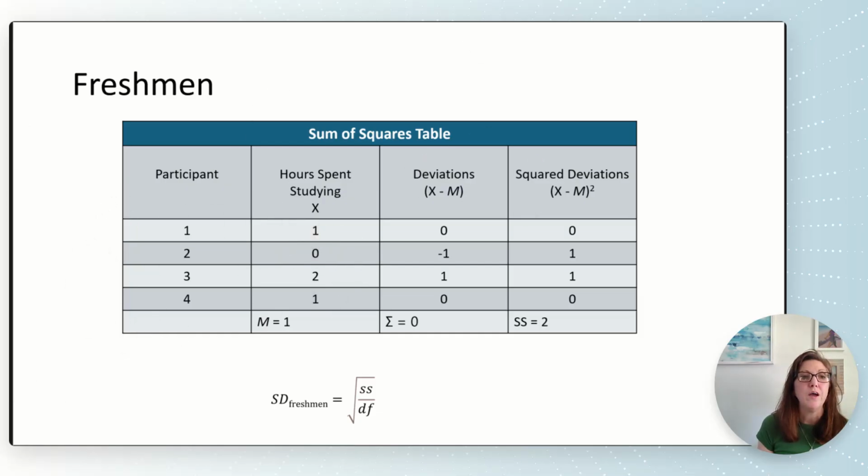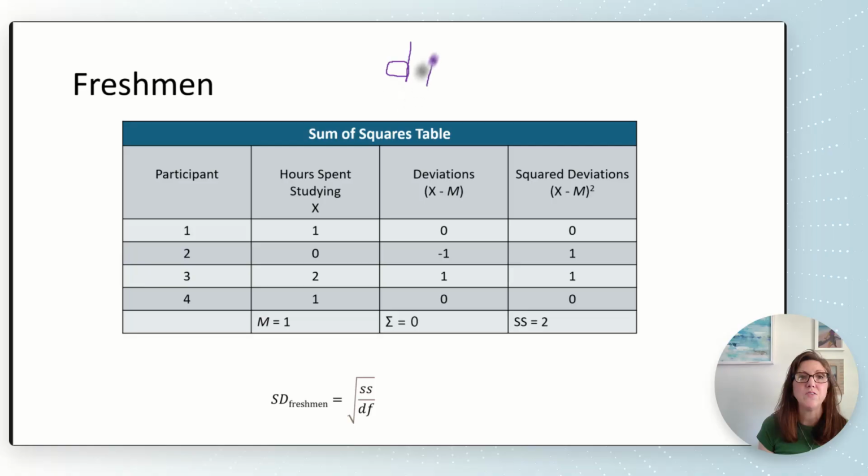We have 4 of the students, and their reported hours studying. They had a mean of 1 and a sum of squares of 2. And we want to compute the standard deviation for this group. Before we do that, we need to compute our degrees of freedom.